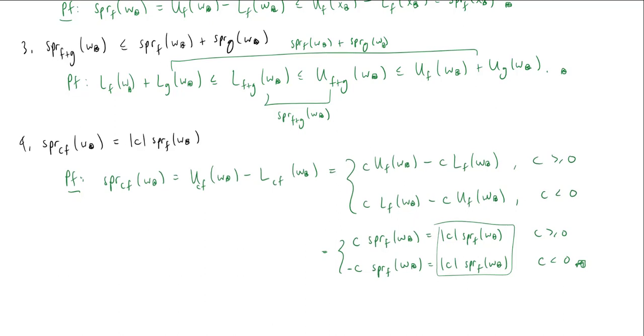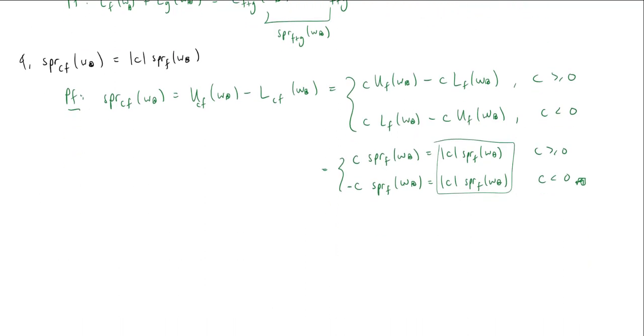All right, number 5. This really is mostly for convenience. It's nothing really new here. F is integrable if and only if... can we write this in terms of the spread? Well, we have the integrability criterion. The integrability criterion would tell us that F is integrable if and only if we can get the difference between the upper and lower sums less than epsilon, or maybe some positive constant times epsilon, but that doesn't matter so much.